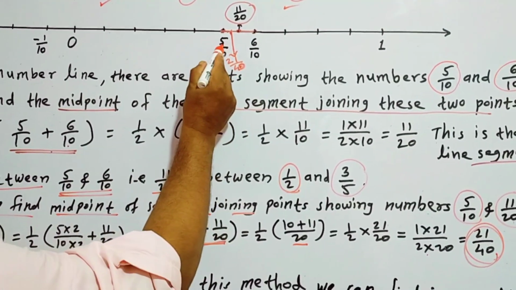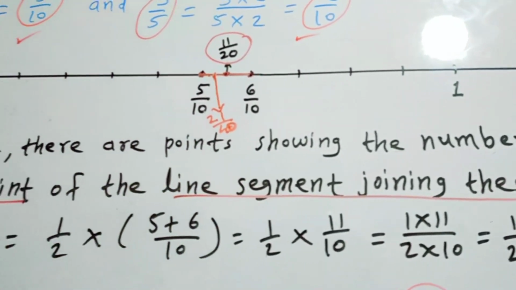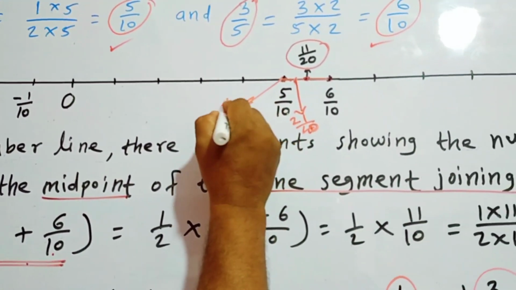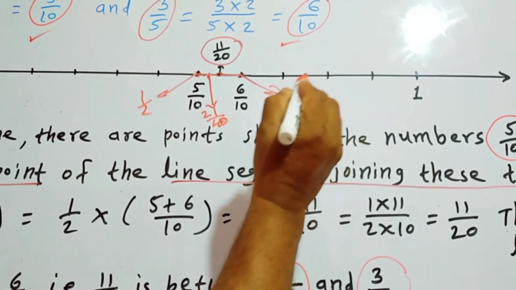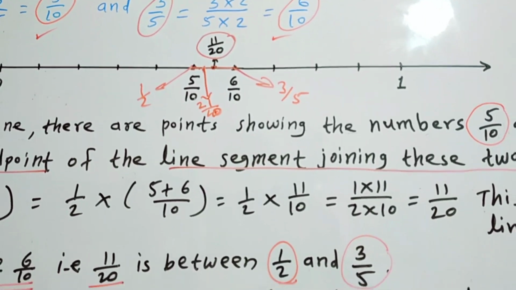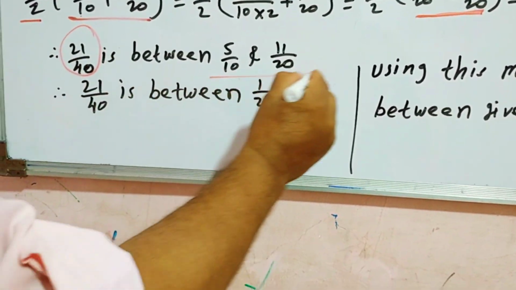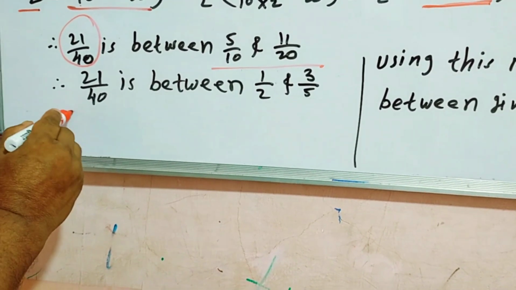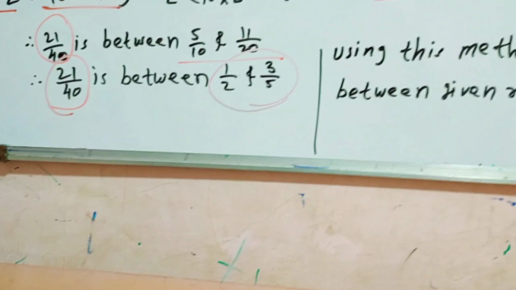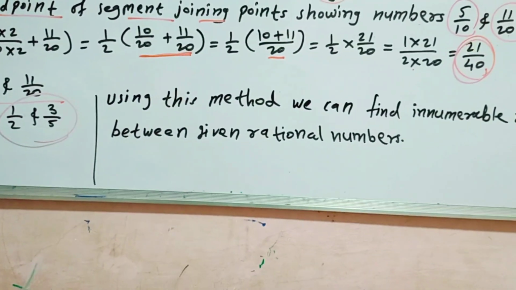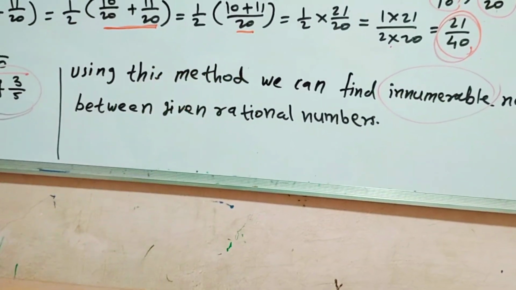Means it is coming between 5 upon 10 and 6 upon 10, that is, between 1 upon 2 and 3 upon 5. Now we got two numbers here. 21 upon 40 is between 5 upon 10 and 11 upon 20. 21 upon 40 is between 1 upon 2 and 3 upon 5. In this way, we can find innumerable numbers between any two rational numbers.